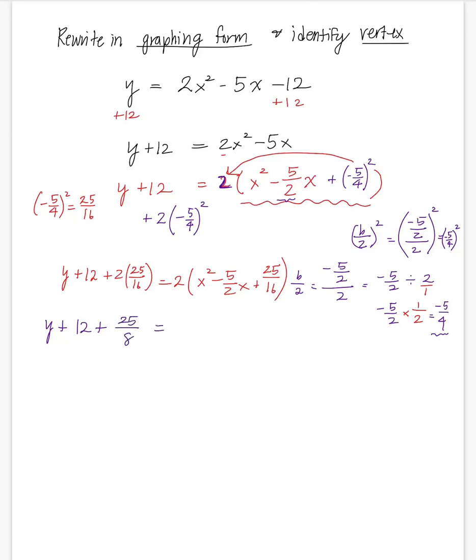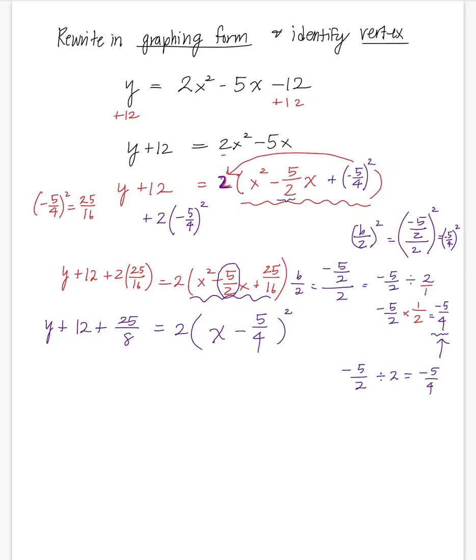Equals, now it's going to be 2 times, this is a perfect square trinomial, so it's going to be x, and then for the rest you always take half of that b value. We learned that half of -5 over 2 is equal to -5 over 4. So this is -5 over 4 squared. And you can check again, -5 over 2 divided by 2 is equal to -5 over 4.